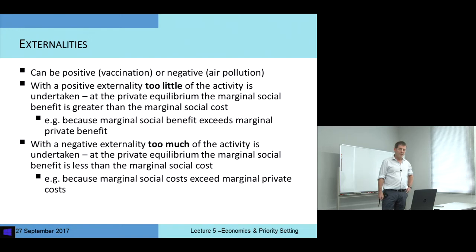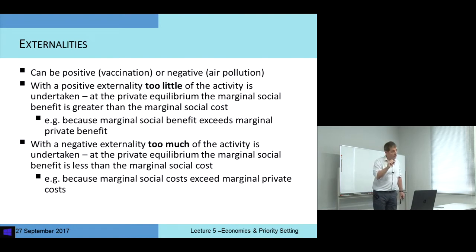So, for example, a firm producing some sort of manufacturing output doesn't just produce the units of the output, but also produces waste products, which they release into water courses or into the air. When they look at their private marginal cost, they're thinking of how much they pay the employees to work a bit more, how many additional units of raw material they need, how many more machines they require.